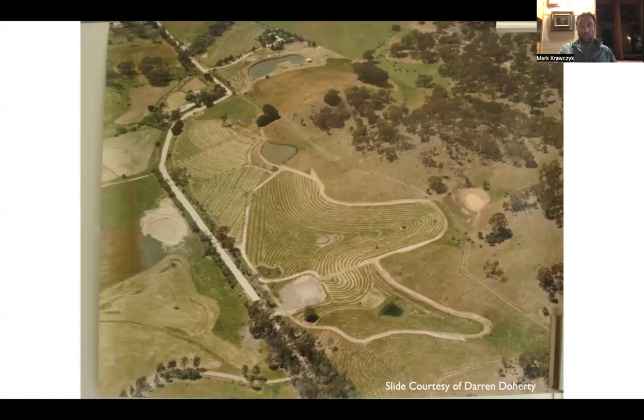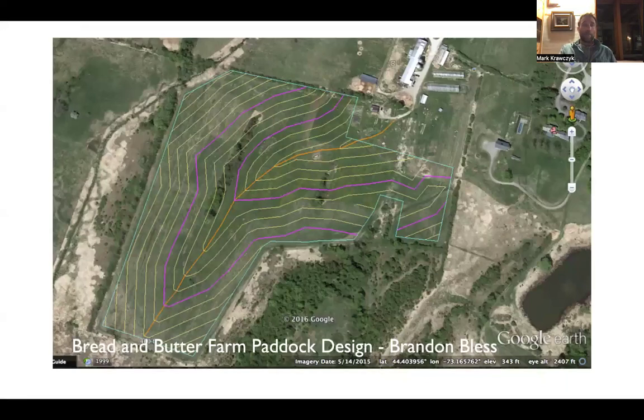some vineyards, etc. I don't know that this was actually ever implemented, but a friend and colleague of mine, Brandon Bless over at Bread and Butter Farm in Shelburne, I know they've probably been doing a lot in the years since. This might be almost 10 years ago that Brandon first shared this image of one of his keyline layouts for, I believe, just really more for paddock management on the farm.